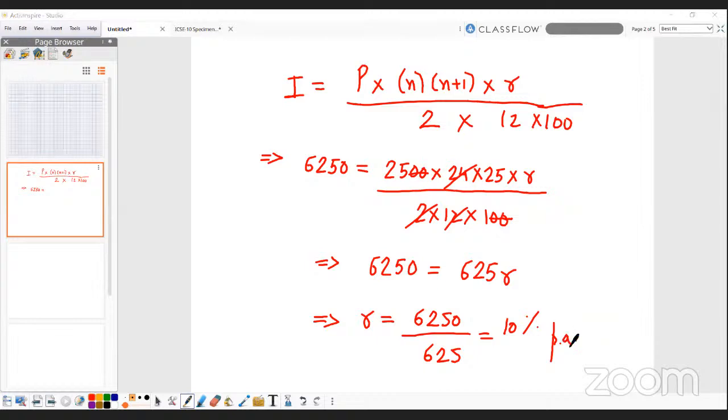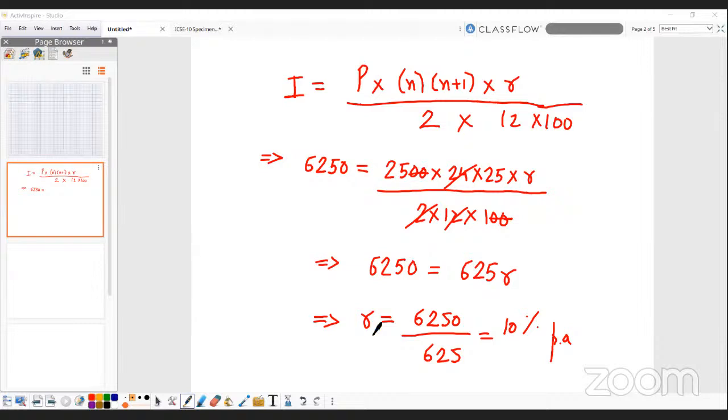Okay. Those who were getting some different answer, is it clear to you? Any calculation mistake or some error in applying the formula? Sir, actually, my book was kept there. Okay.